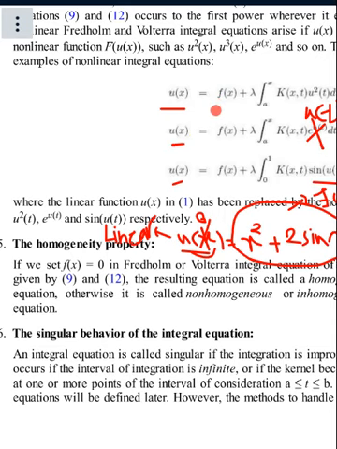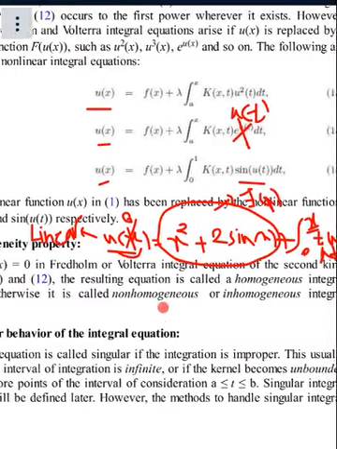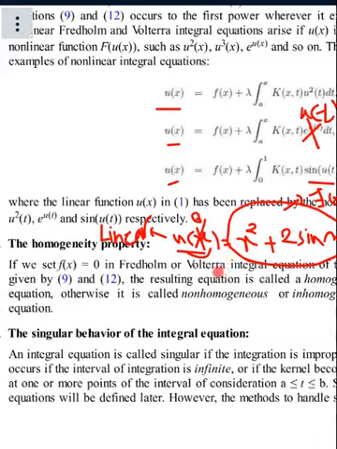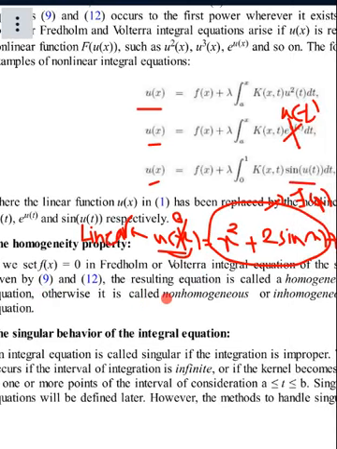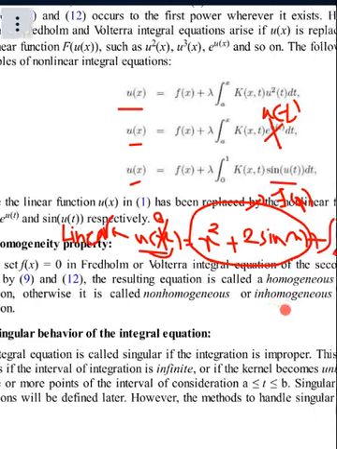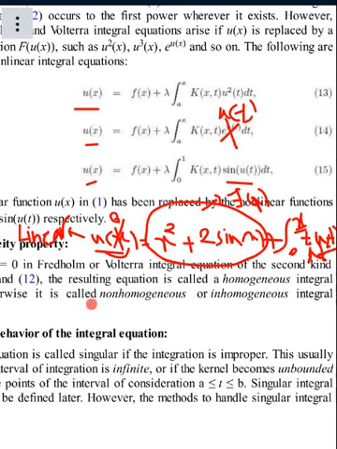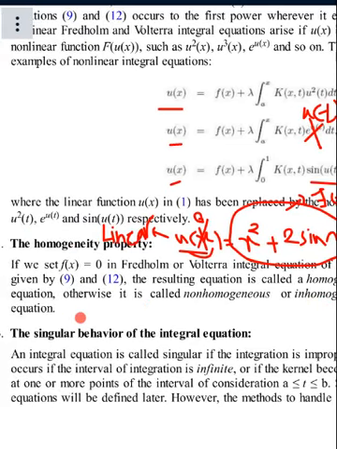One, f of x equals 0, and another one, not equal to 0. If we set f of x equals 0 in a Fredholm or Volterra integral equation of the second kind, given by equation numbers 9 and 12, the resulting equation is called a homogeneous integral equation.